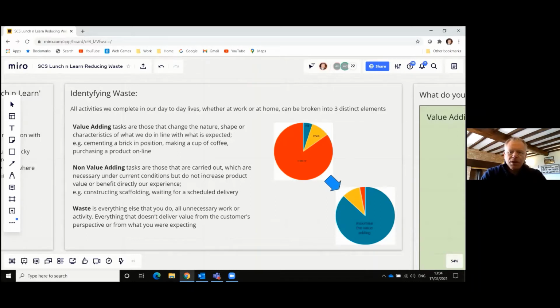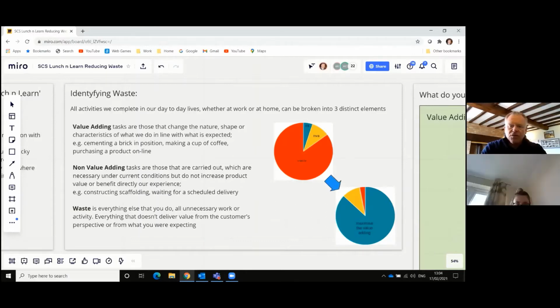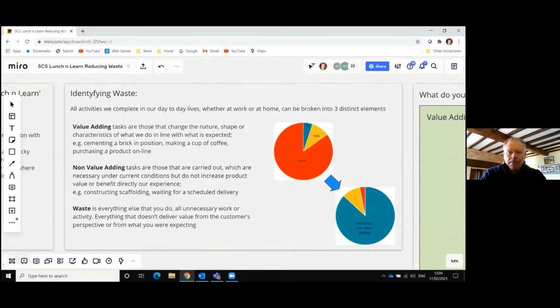Now, our challenge with these areas of value add, non-value add and waste is to ensure that we focus our attention in the right areas. So if I reference the pie charts that we have in front there, traditionally, most businesses would focus on just the value add. How can we make things more efficient? How can we do things more quickly?